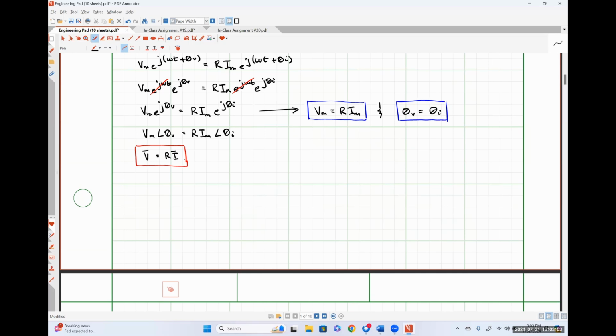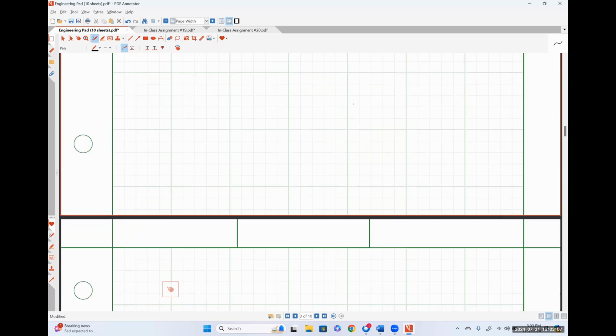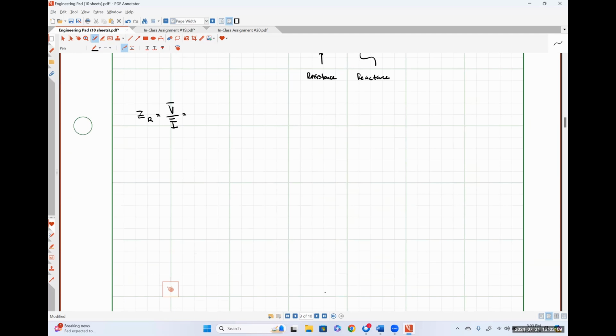Just the resistance R, exactly right. So the impedance of a resistor is just the resistor value itself. Nothing remotely difficult about that.